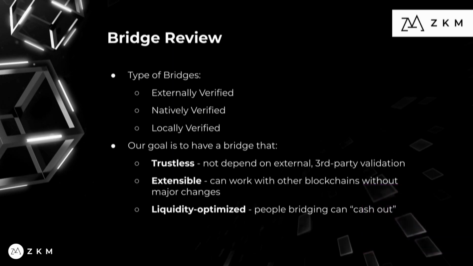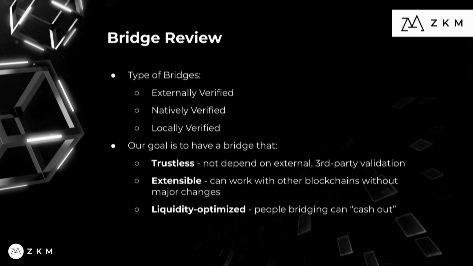Let's sum it up. We've reviewed the different types of bridges: externally verified, natively verified, and locally verified. We want, ideally, a bridge that is trustless. So again, third-party validation, so externally verified, is out of the question, at least in what we're looking for. We don't want to depend on and trust someone else to facilitate the bridge transaction.